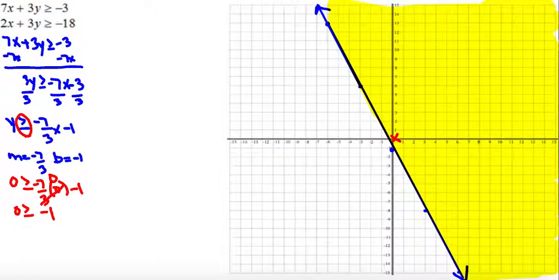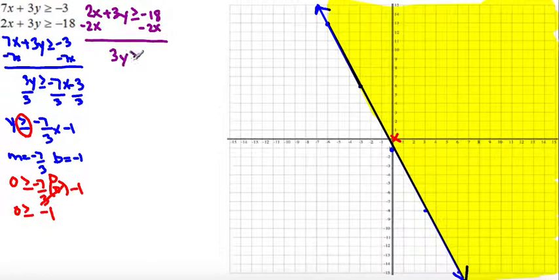Okay, we do the same thing with the second line. So we have 2x plus 3y is greater than or equal to negative 18. So I subtract 2x. I have 3y is greater than or equal to negative 2x minus 18.